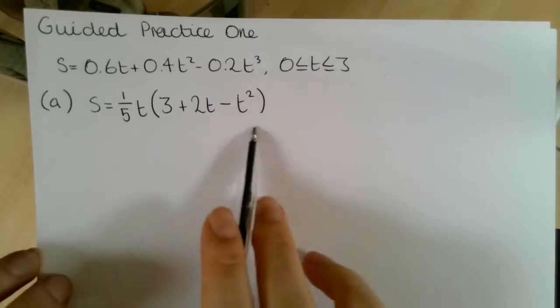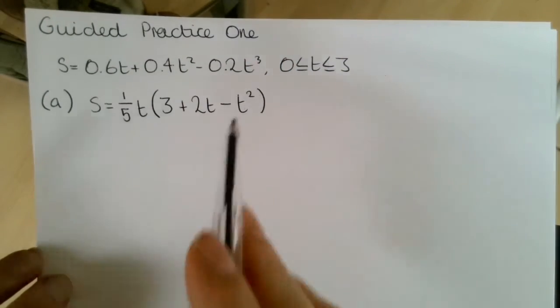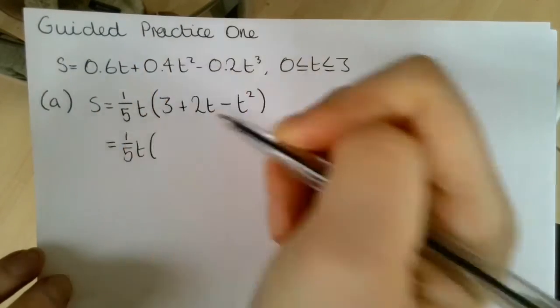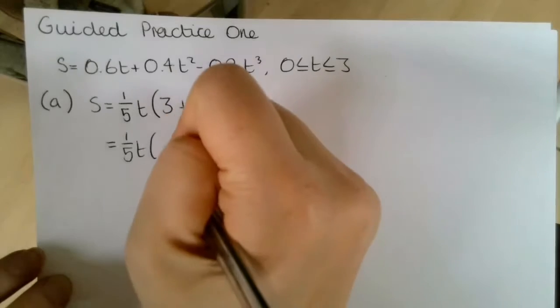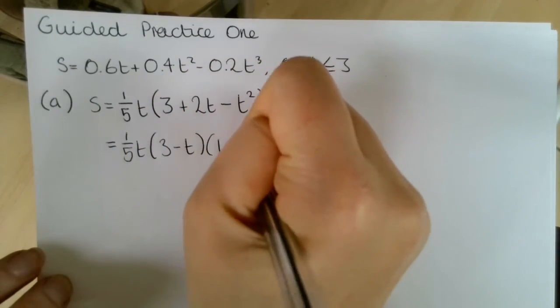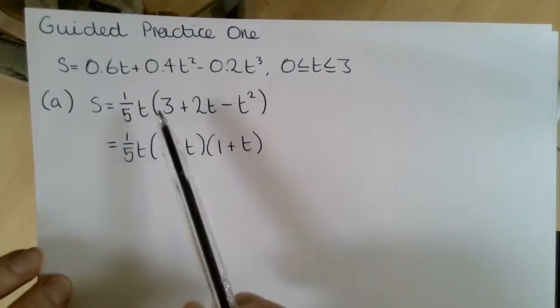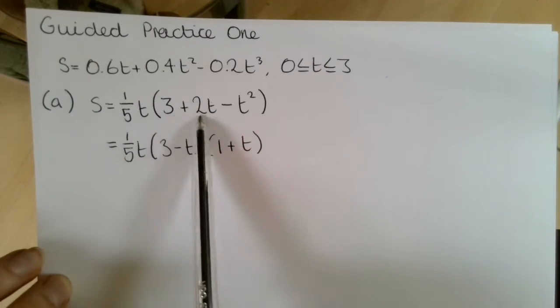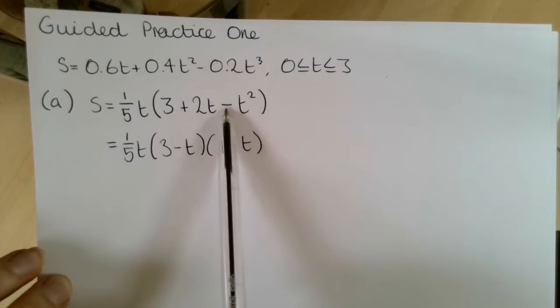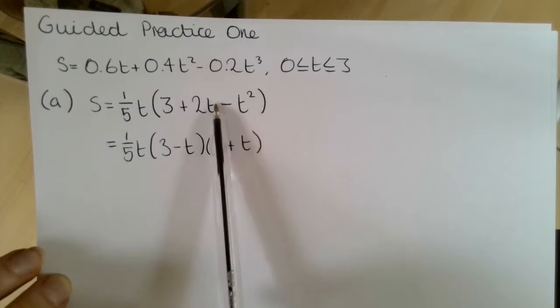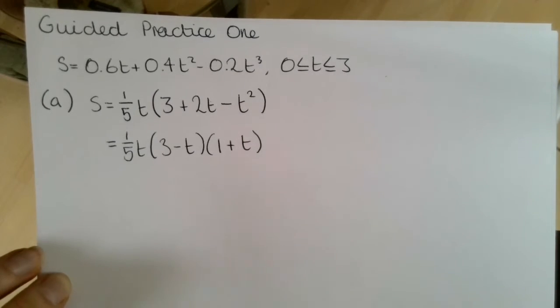We can then factorise this bracket here, and we get inside the bracket 3 minus t, 1 plus t. Because we had to find our factors of 3 that make a sum of 2t, but we've got that 1 positive and 1 negative value of t to get that negative t squared.